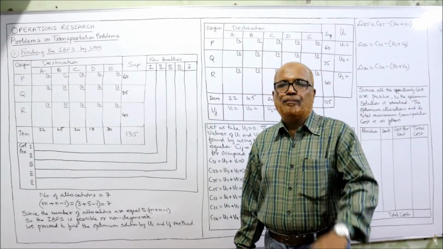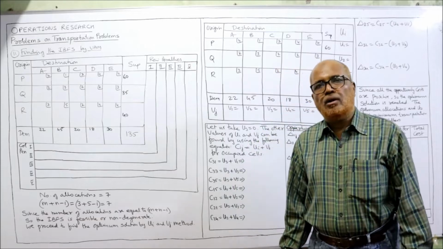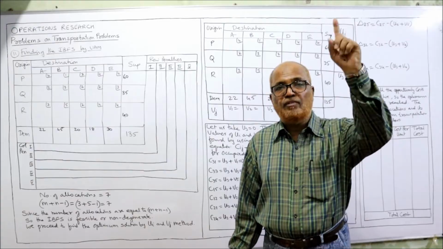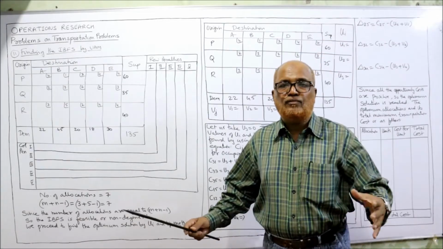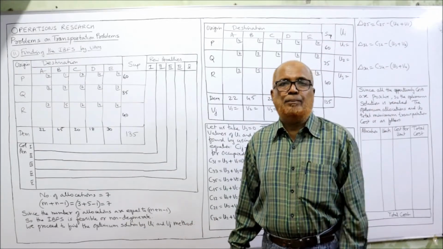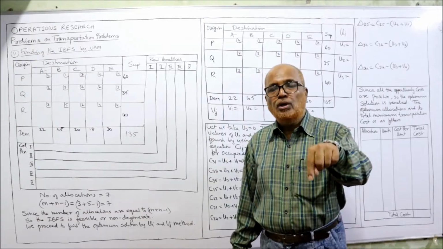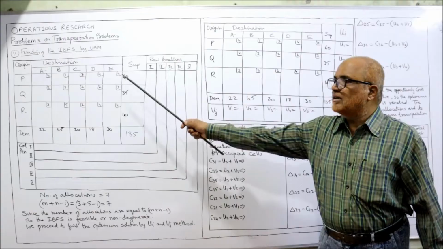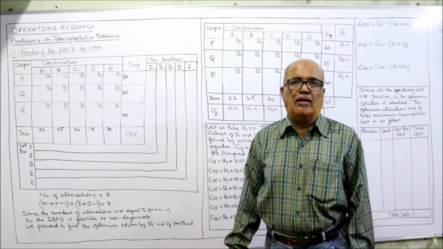If we follow the IBFS by northwest corner rule, we can easily get the IBFS, but the optimum solution will be very far away. A lot of time will be required to find the optimum solution if we go through northwest corner rule or least cost. That's why VAM is always preferable.